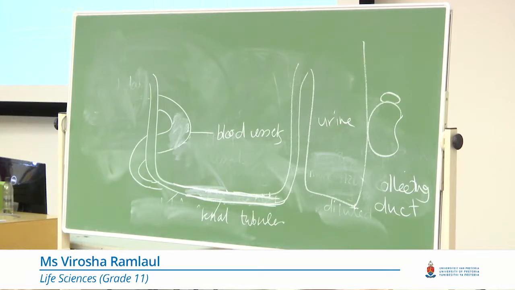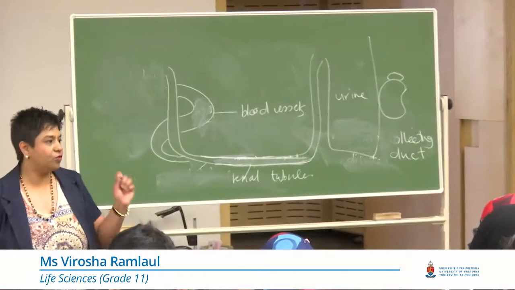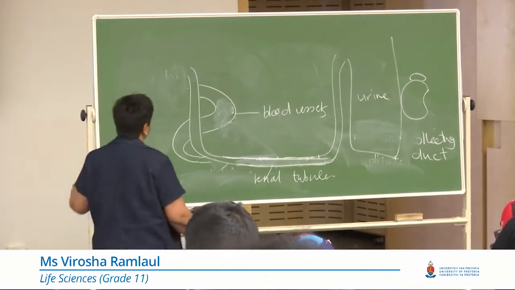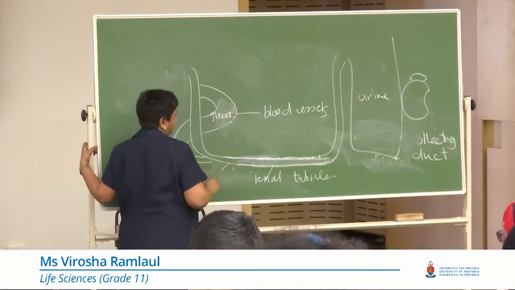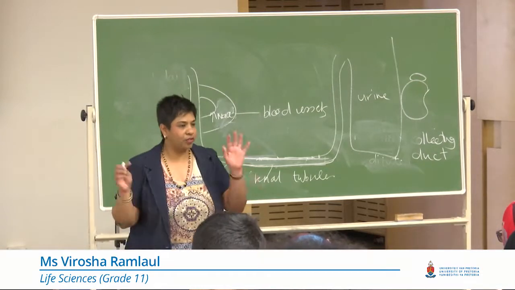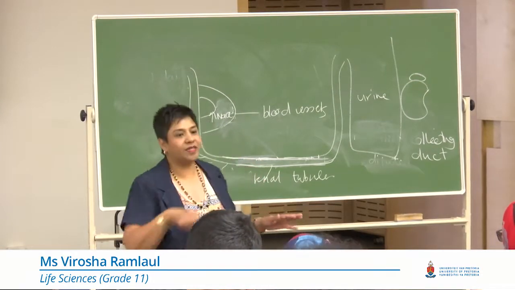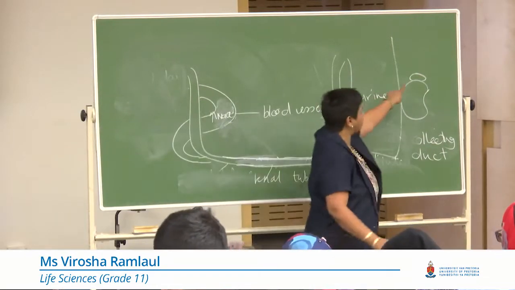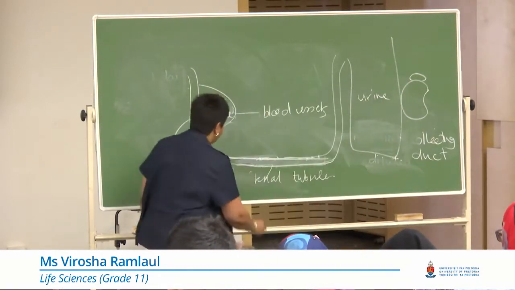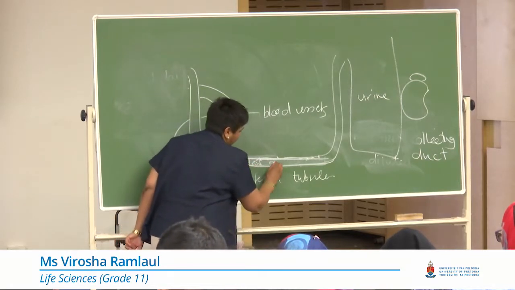We're talking about aldosterone. It controls the amount of sodium in the body. If there is too much sodium chloride in your blood, a message is picked up by chemoreceptors, and it sends a message to the adrenal gland to secrete less aldosterone.